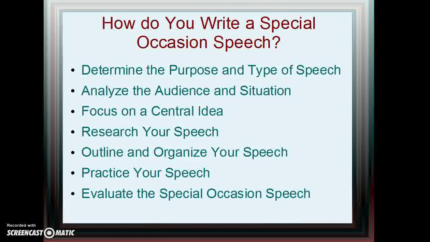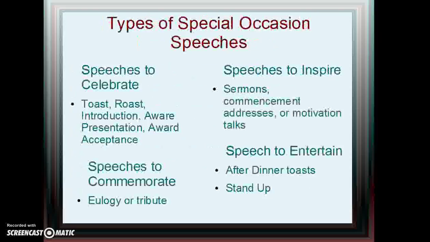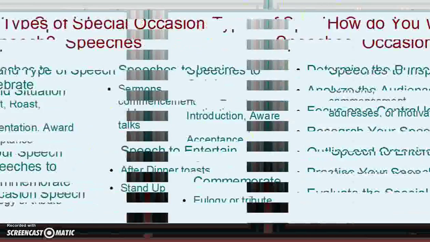Just like all of the other speeches, you go through the same steps to write a special occasion speech. You determine the purpose and the type of speech. You analyze the audience and the situation. You focus on a central idea. You research your speech. You outline and organize your speech. You practice your speech, and you evaluate the special occasion speech. Determining the purpose and type of speech means determining which one of these types of speeches you're going to give and what you want to give it on.